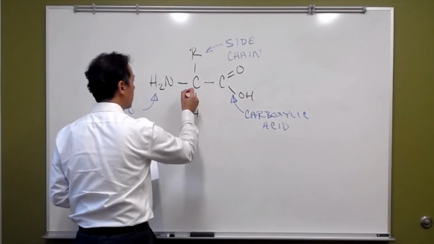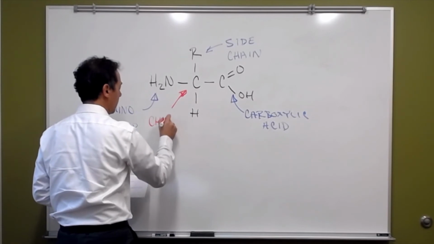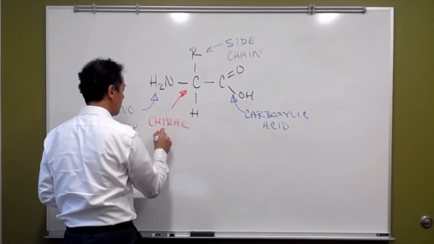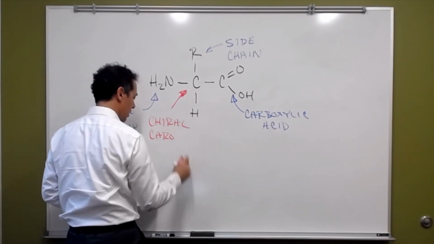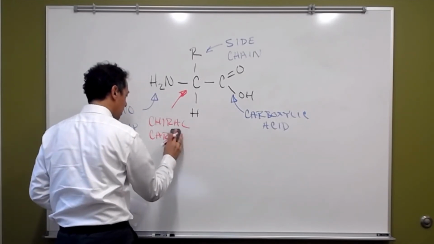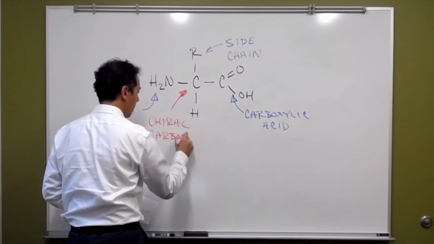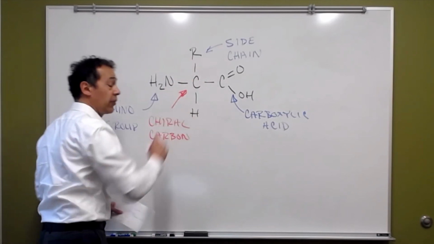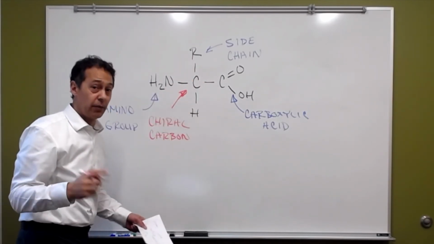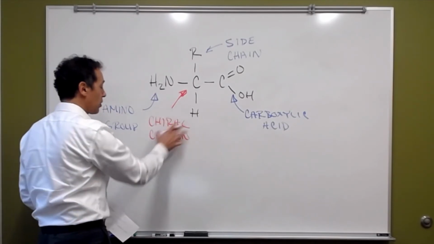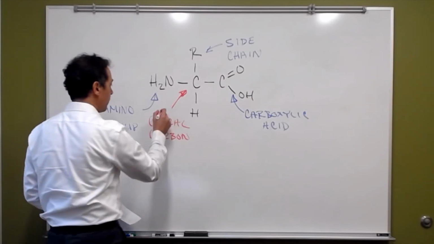So I'm just going to go like this here and call this a chiral carbon. It has 4 unique things attached to it. And so that means we could have left and right-handed amino acids. This chiral carbon is also sometimes called the alpha carbon for some crazy reason.